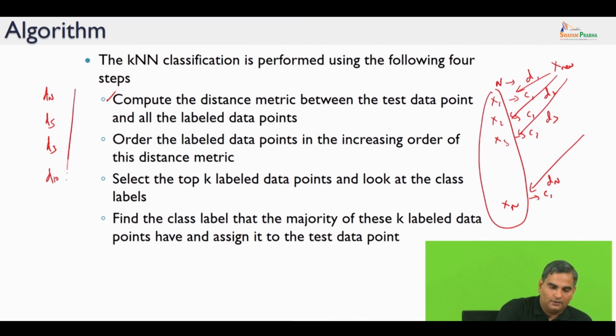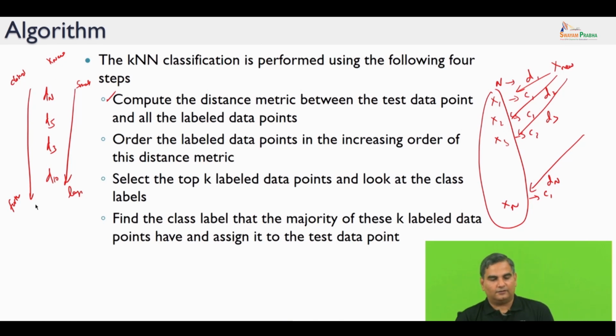So I order them, from the smallest to the largest. You can also think of this as closest to the farthest, because the distances are all from x new. So if the distance is 0, then the point is x new itself. So any small distance is the closest to x new, and as you go down, it is farther and farther.